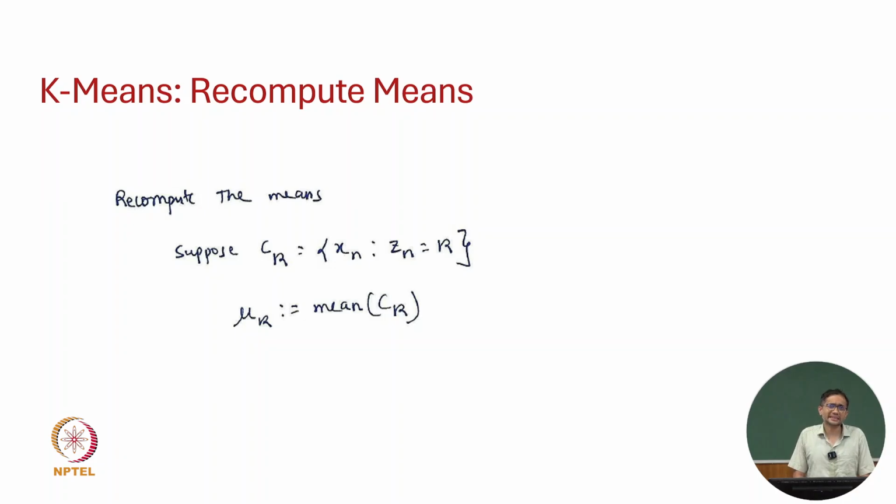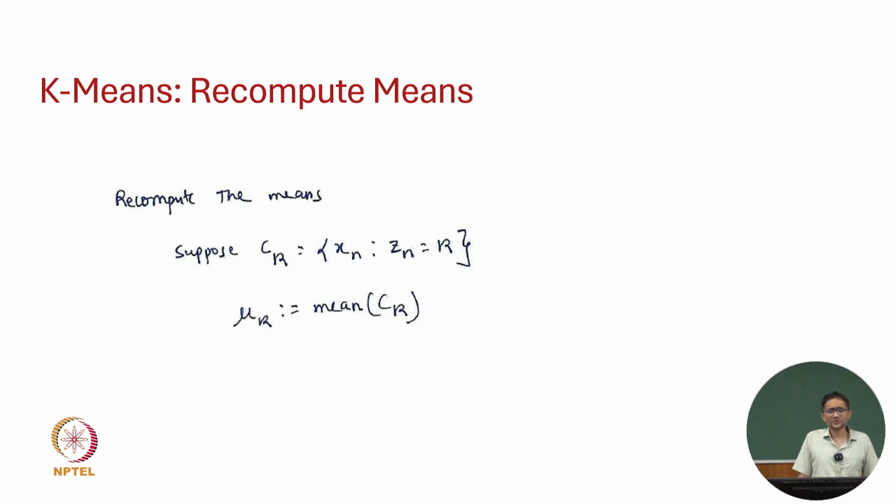Similarly, in this case, we are recomputing the means mu k, which is, in this particular case, the mean of all the points in a particular cluster. One thing that probably needs to be briefly clarified is that in the cricket example, person A was the captain and person C became the captain. They are real persons.